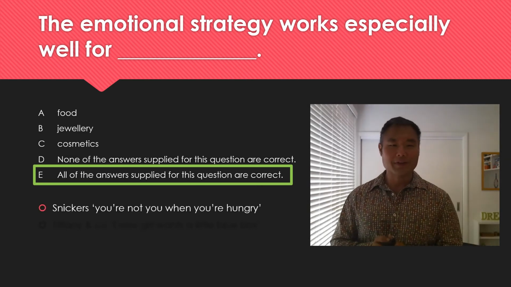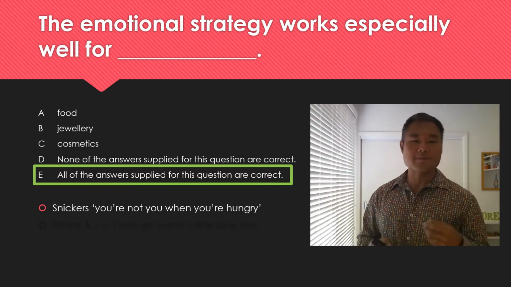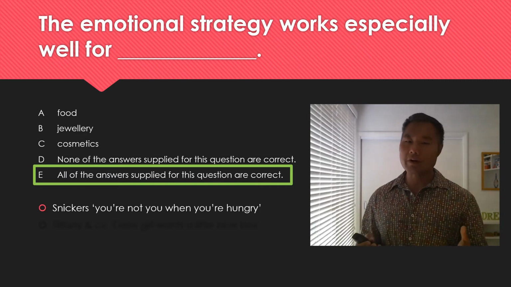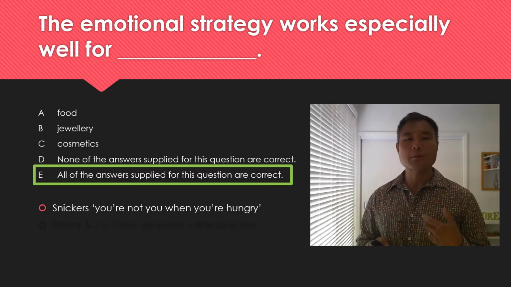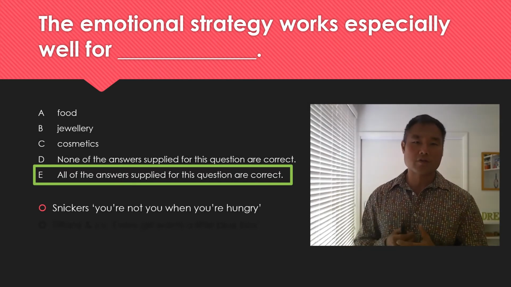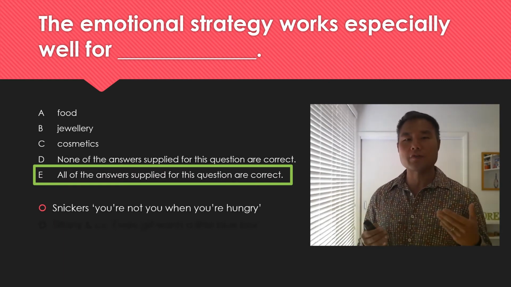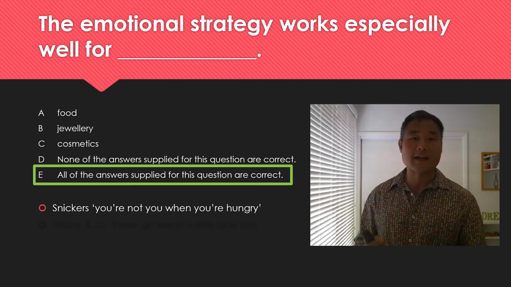So an example here, taking a more real-world approach, is Snickers. That's a famous chocolate confectionery brand. They have a very famous ad campaign about how you are not you when you're hungry. That's an emotional strategy because it's a humor-based strategy, right? It's got a humor appeal, makes you laugh, and then it is relevant to the client because Snickers is positioned as a very substantial chocolate bar.